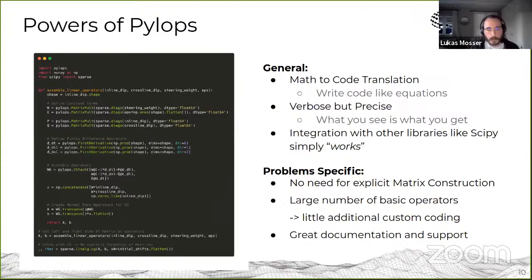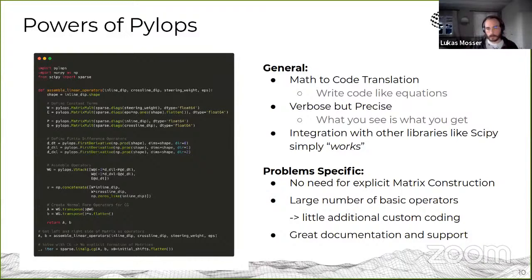So what are some of the powers of PyLops from having worked with PyLops over the last year? The general items to me specifically is that we can go straight from a math representation to a code representation. Many of the operators that we encounter in the mathematical derivations, we can directly encode into a code representation.